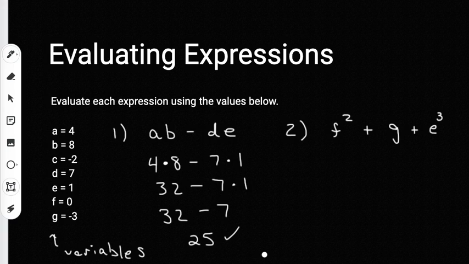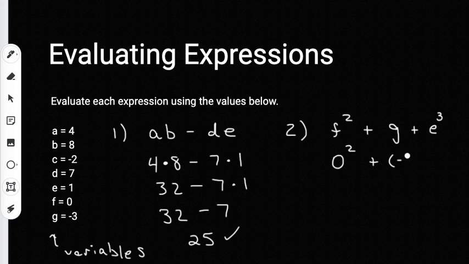Alright, so over here at number 2, I have f squared plus g plus e cubed. So I know that f is the same thing as 0, so I'm going to replace f with a 0. But I'm still going to have it squared. I bring down my plus sign. I know that g is the same thing as negative 3.